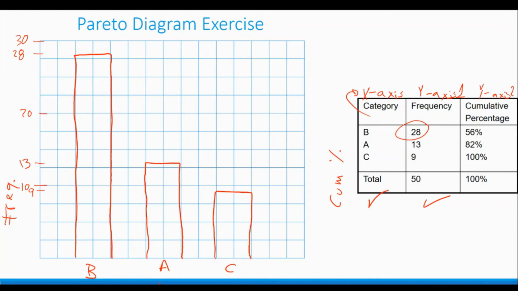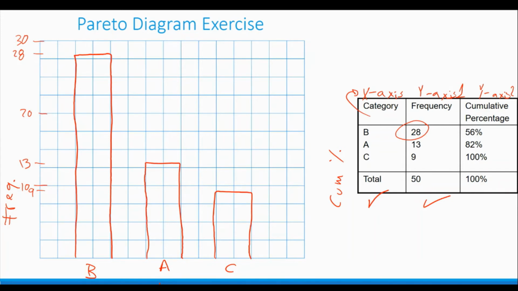For cumulative percentage, the second y-axis, the scale is independent from the frequency scale. What does that mean? For frequency, I called every square 2.5 units. So 4 of them were a total of 10.